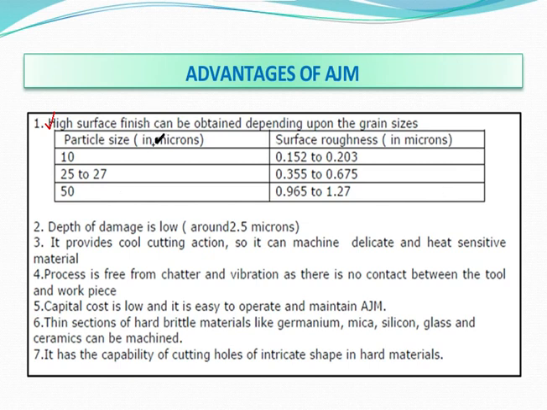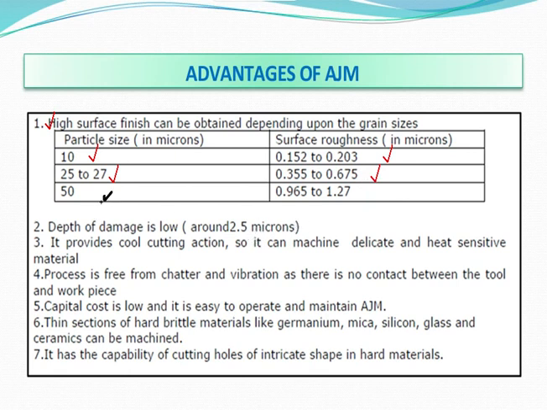If particle size is 10 microns, then your surface finish will vary between 0.152 to 0.203 microns. If your particle size is 25 to 27 microns, then surface roughness will vary between 0.355 to 0.67 microns.